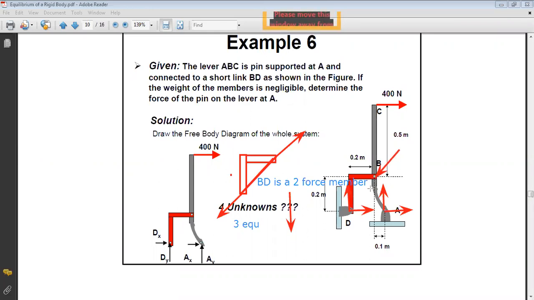So now, if you take ABC, you don't have 4 unknowns anymore. You have FB, Ax, and Ay. So now, when you take ABC, you have 3 unknowns, and you can write 3 equations. So using the concept of a 2-force member allowed you to reduce your number of unknowns. Okay, I will continue the problem in a second session.